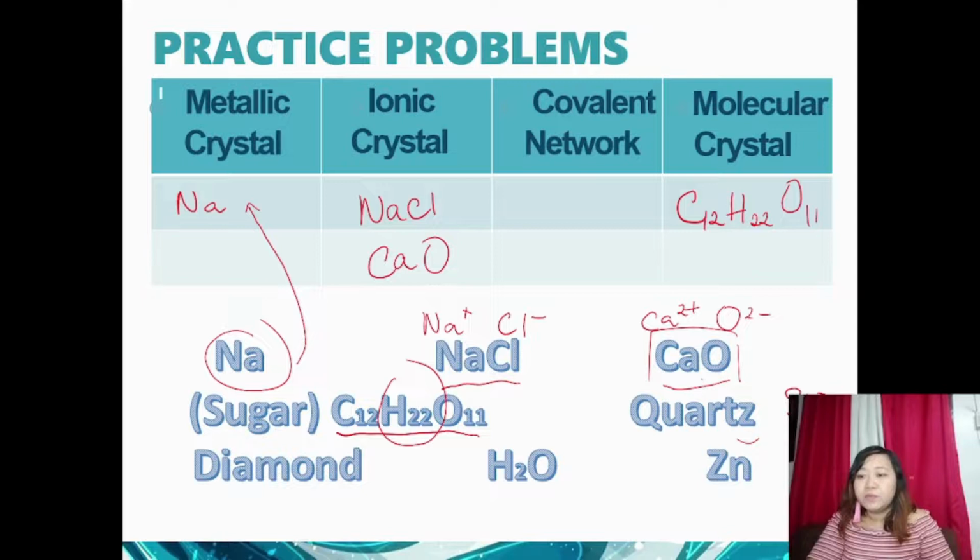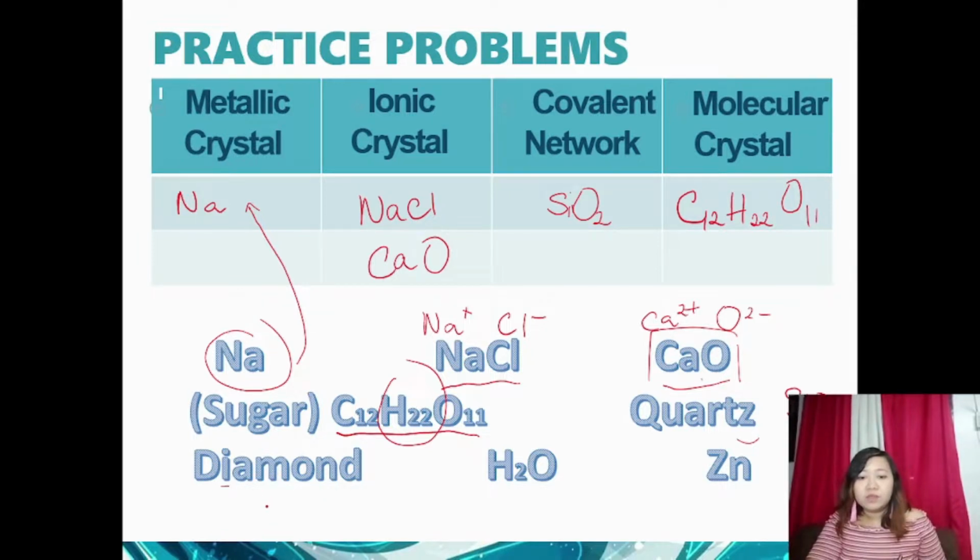As you can see, these atoms are both nonmetals, and there is no hydrogen bonding in the compound. Therefore, it is a covalent network. Next one is diamond.